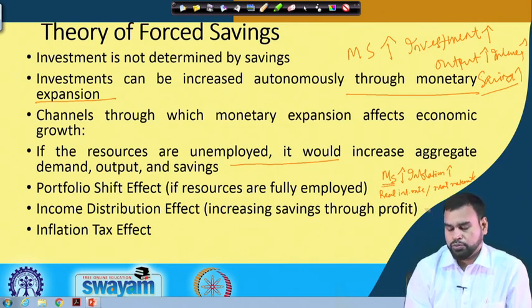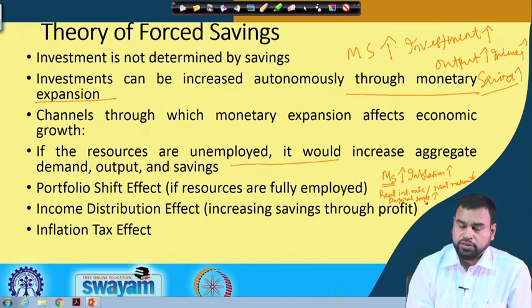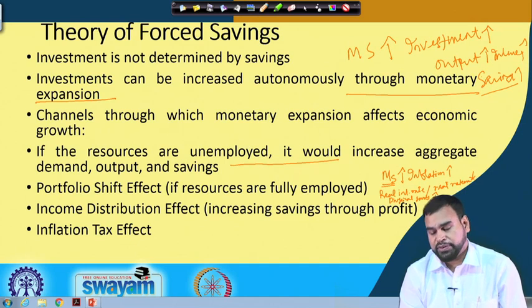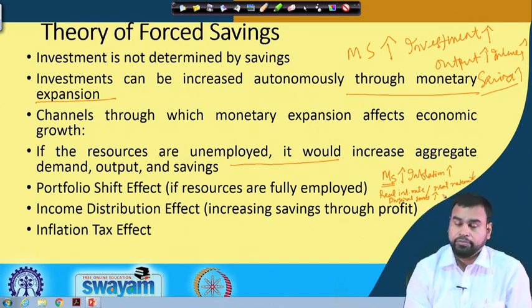Then what will they do? They will shift to spending their money in the physical sector, on physical goods. Why will they spend their money on physical goods? The reason is in anticipation that the expected inflation may go up.